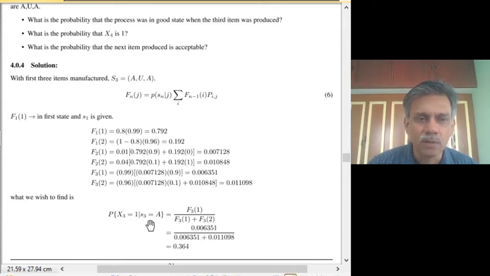Divided by what? Probability of S3 equal to A. What is the probability S3 equal to A? See, we have found out that you could have produced an acceptable item from state 1 or an acceptable item from state 2 with these probabilities. The probability that you produced an acceptable item is summing up the two possible states from which you could have produced it.